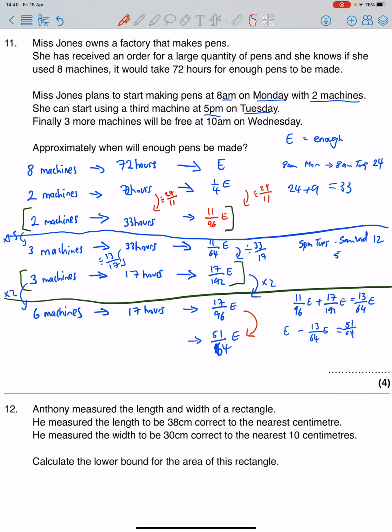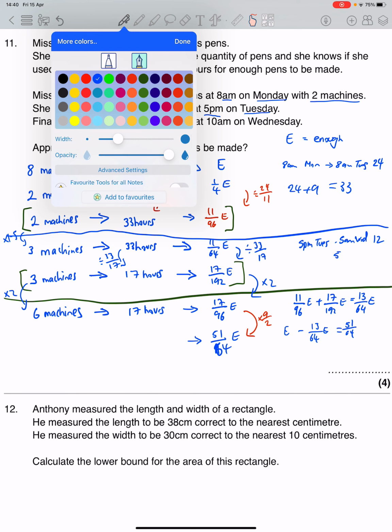Okay, so that's divided by 17 over 96. And that's 9 over 2. So times that by 9 over 2. So if we're making more pens, that's going to take more time.